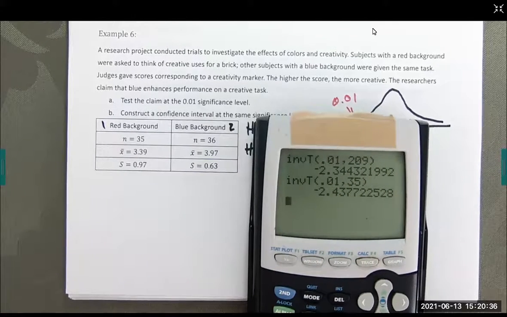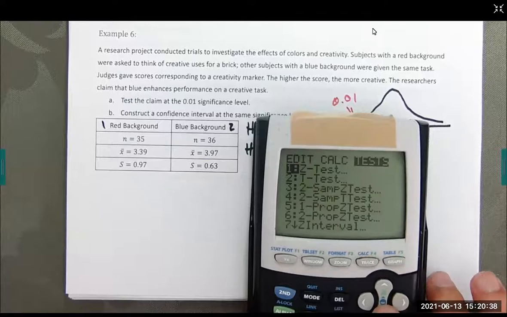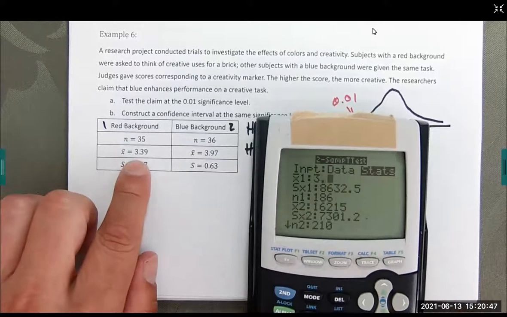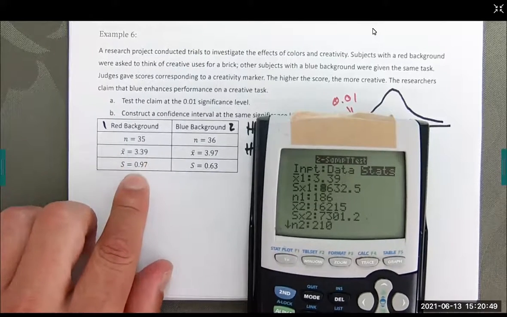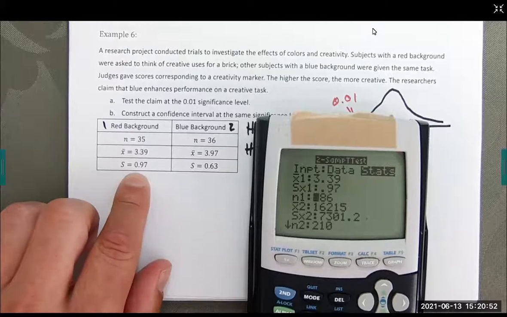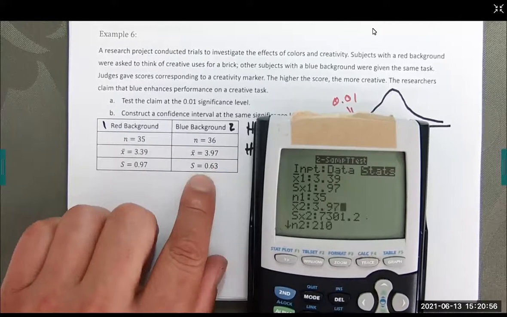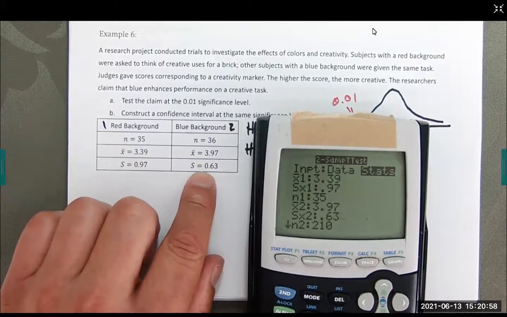All right, so stat test. This again is a 2-sample t-test. So 3.39, 0.97, 3.97, 0.63, 36.